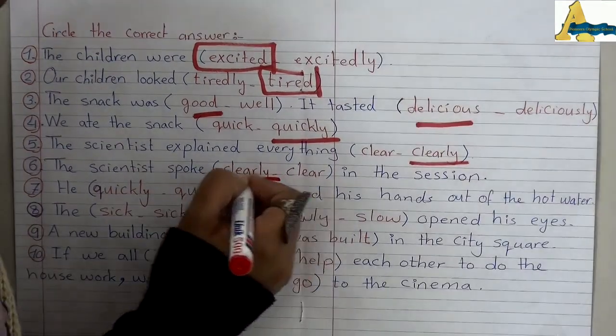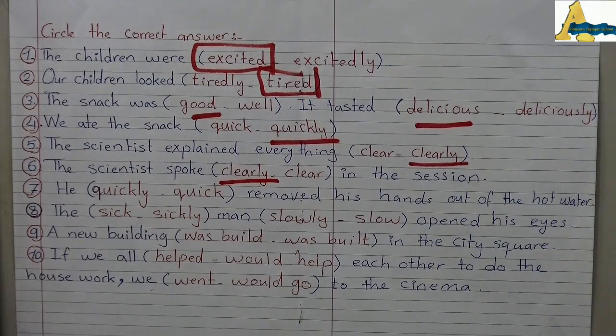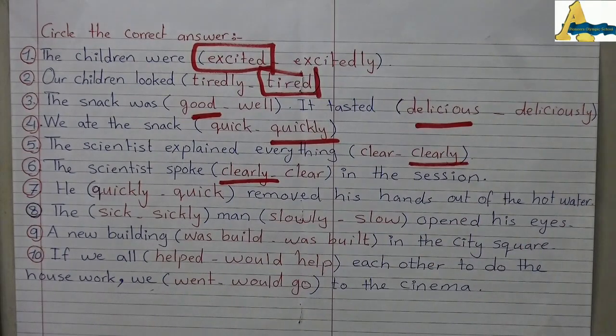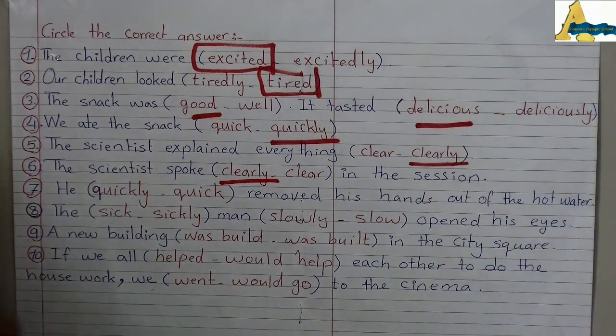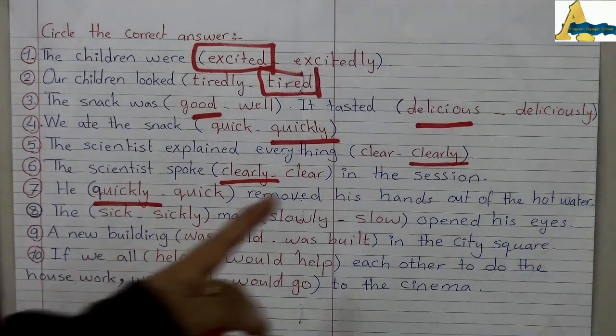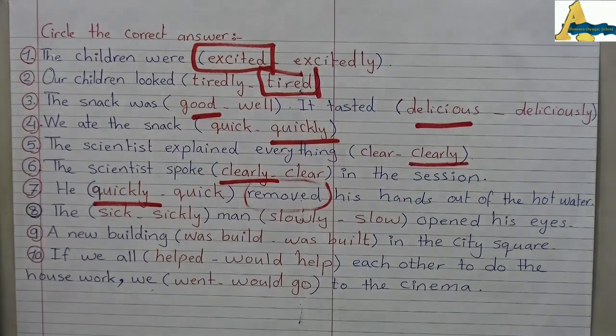Again, we describe the verb, so we will use clearly as an adverb. Number 7, he quickly or quick removed his hands out of the hot water. So here it will be quickly. As if we ask, how did he remove? So here we are describing the verb.